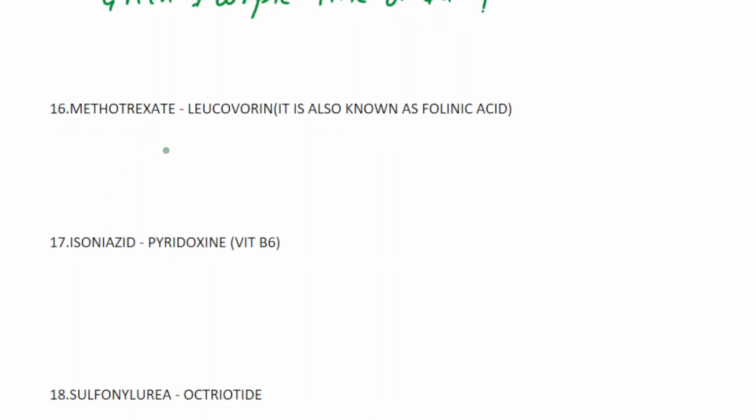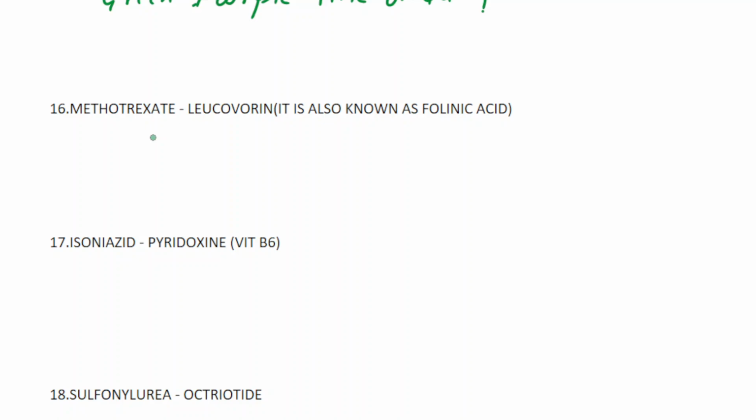For methotrexate, leucovorin is the antidote. Methotrexate mainly inhibits folate metabolism. It is commonly used in the treatment of cancer and autoimmune diseases. It is also a teratogenic drug.